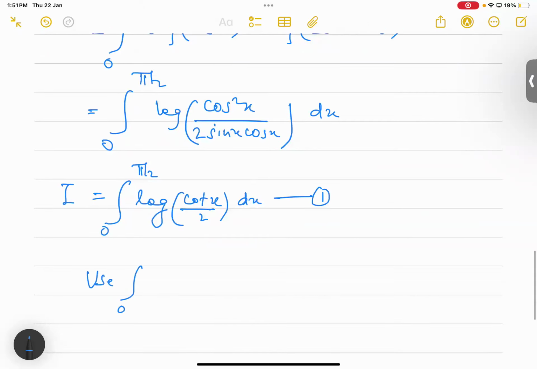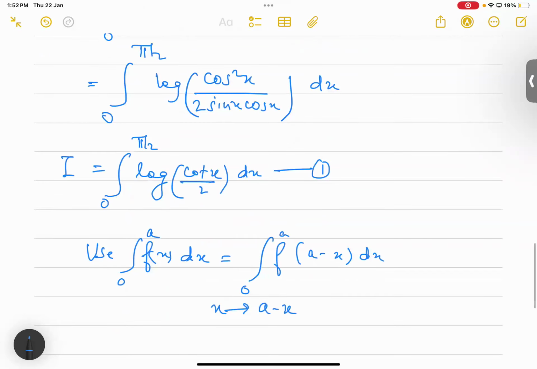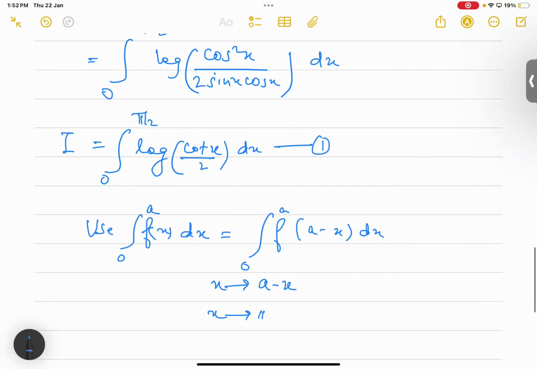Use the property. So now complete this problem on your own. X changes to a minus x. In the problem, x will change to pi by 2 minus x. Please do this. Can someone directly tell me the answer?